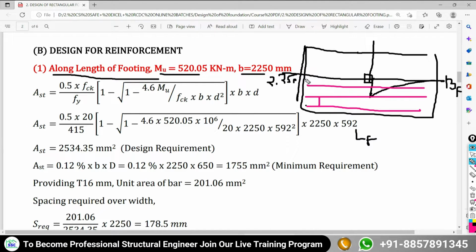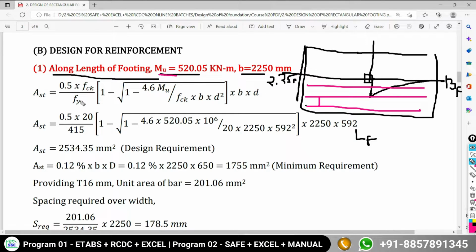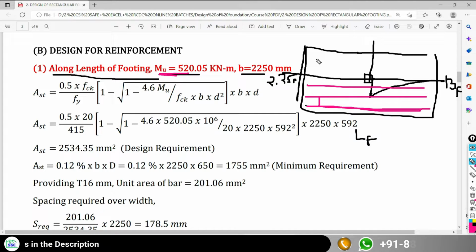Most of the time students are confused about this concept. Since the moment is along the length, the reinforcement will be along the length, but its distribution will be along the width.